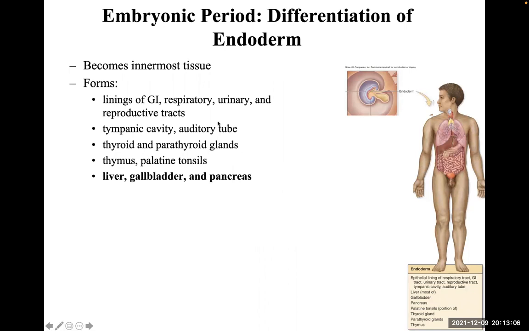Also think GI tract and portions of the respiratory tract and the urinary tract. The reason that's important to know is that if you see disruptions in those primitive tissue types, you can to some degree determine where you might see the manifestations of those defects showing up.